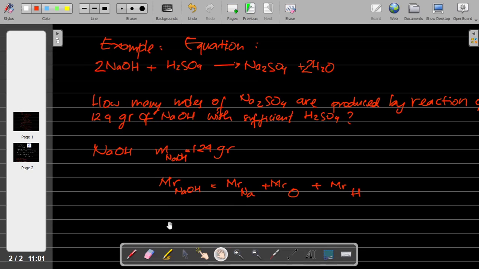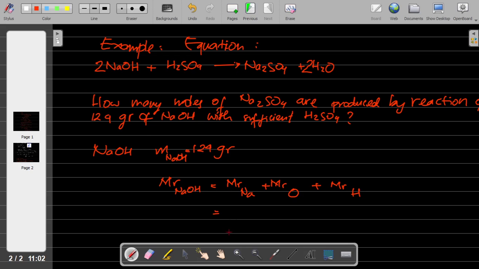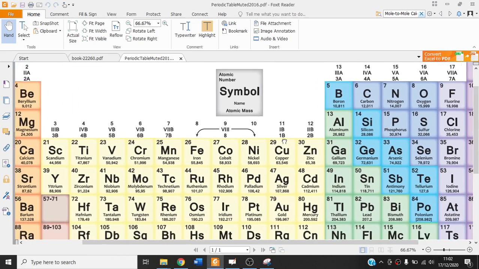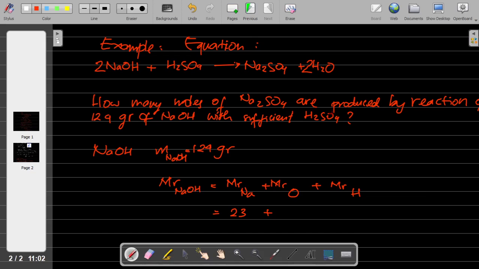Okay, so let's find it. We have to check the periodic table. The molar mass of natrium, or sodium, is 22.99, so I will make it 23. Plus the molar mass of oxygen, 15.999, so I will make it 16.